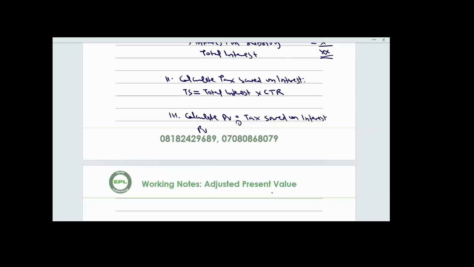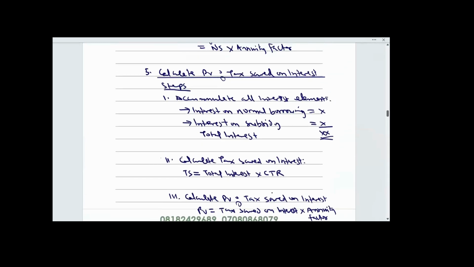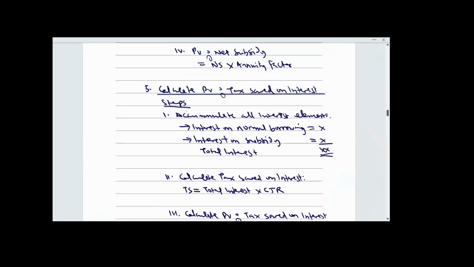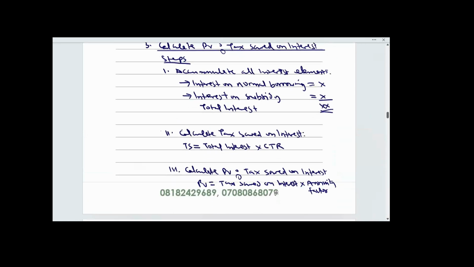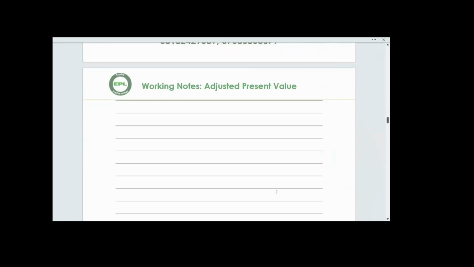The PV will be equal to the total tax saved on interest multiplied by annuity factor. So these are the 3 procedures you are expected to carry out anytime you want to calculate PV of tax saved on interest.